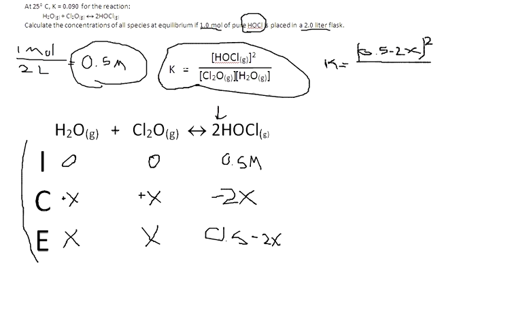On the bottom, we just have X times X. So that's our equation. Now we need to simplify it.